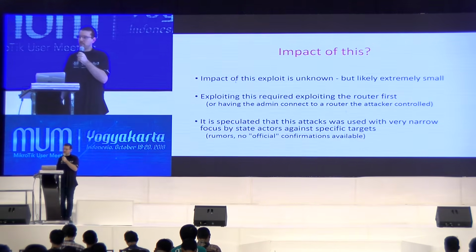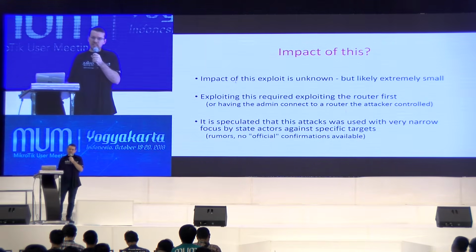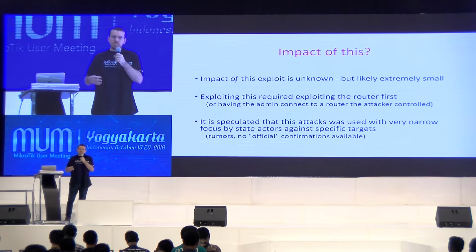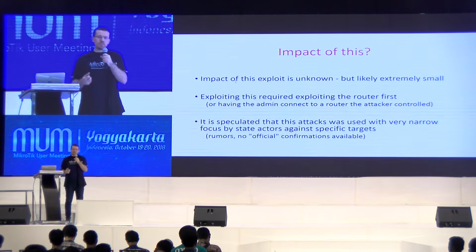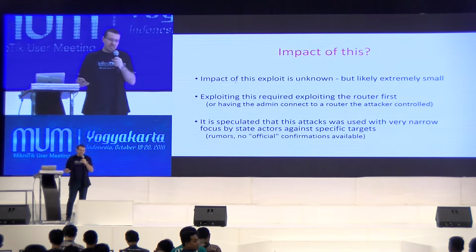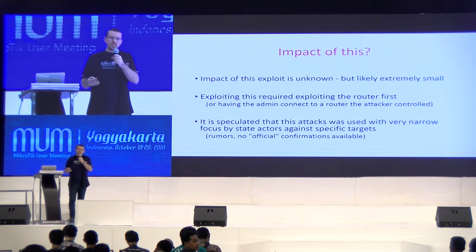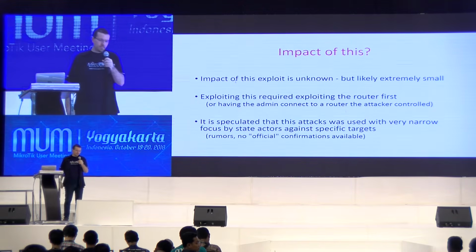What is known to the public is that this attack was used to attack very specific targets across the Middle East and Africa by state actors of certain nations. But really, publicly, this was not widespread because, first of all, it required you to exploit the router itself to deliver the malicious DLLs, or have the administrator connect to a different router that the attacker controlled. So it was hard to execute this on a mass scale, and therefore this was used only for targeted attacks.